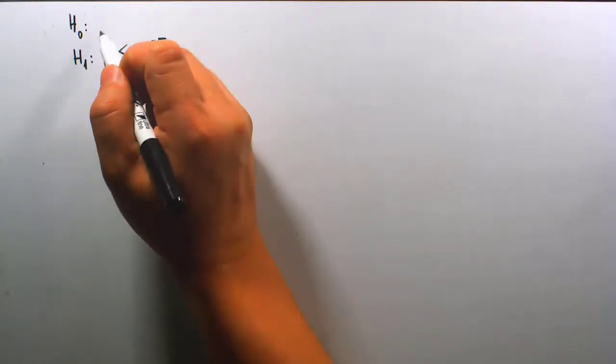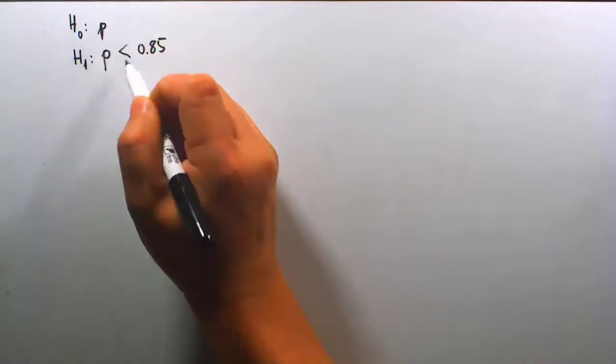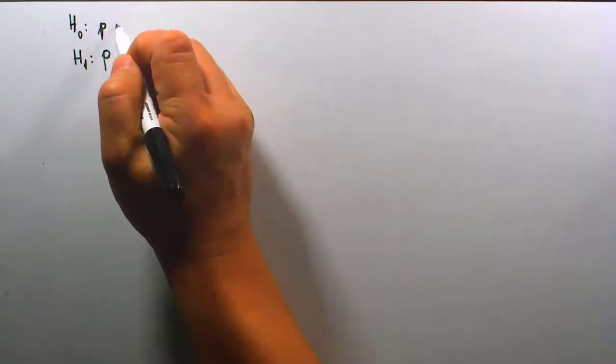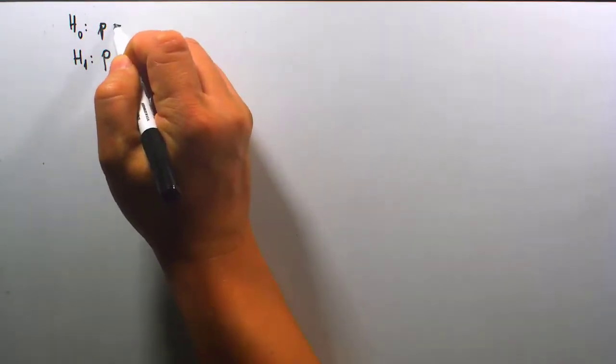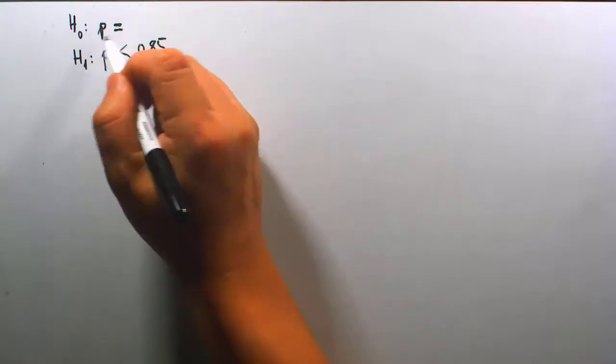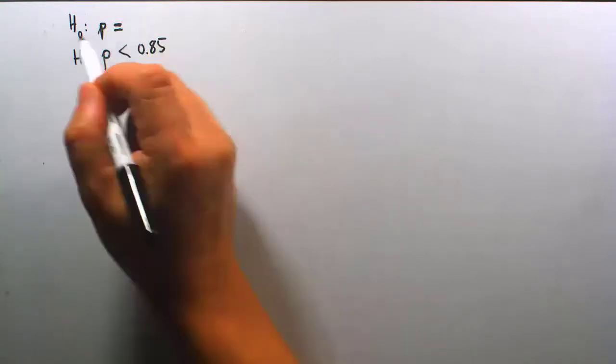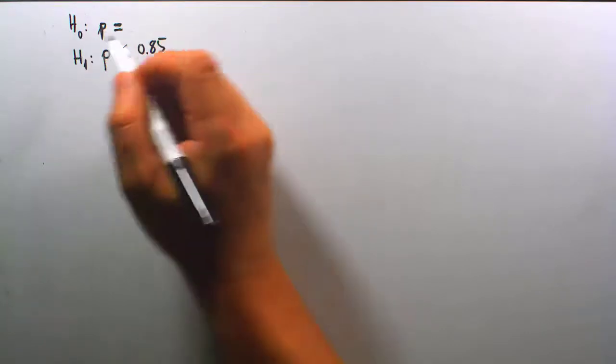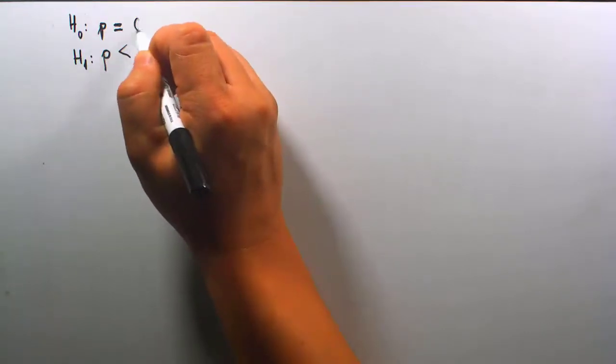We can simply replace the inequality symbol from our alternative hypothesis with an equal sign. And that statement involving the equal sign here is going to become our null hypothesis. So null hypothesis now reads P equals 0.85.